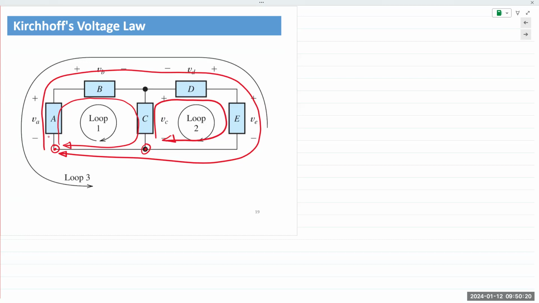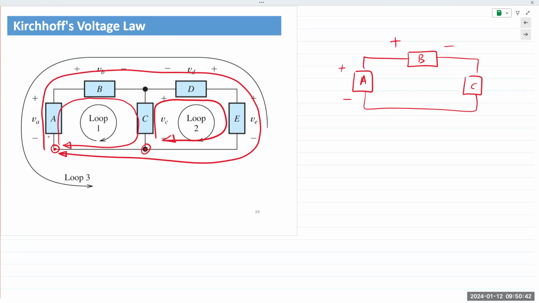Voltages, not so much. The way I apply KVL is this. If you take loop 1, we have A, we have B, and we have C. A has a polarity like this.